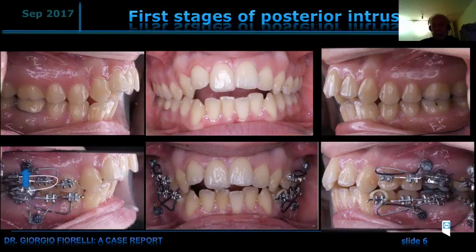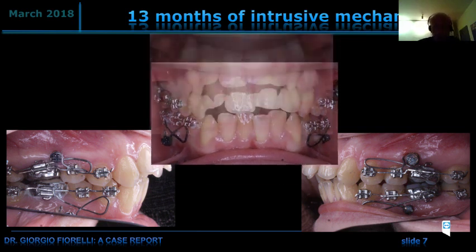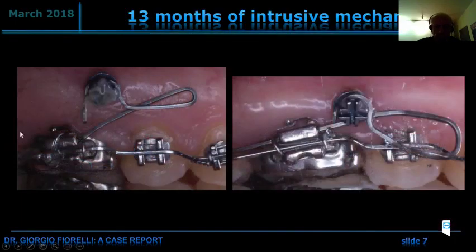You have seen already this picture. And I wanted to show you this. The intrusion is so much that I had to stop in the upper at least, because the TAD was in contact here with the band, with the wires. Look at this.